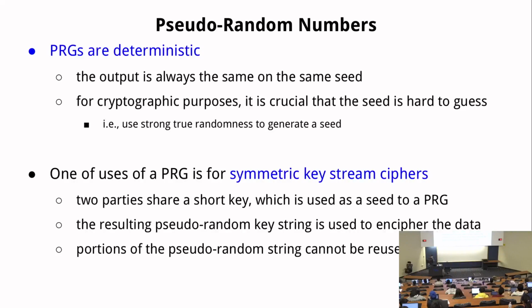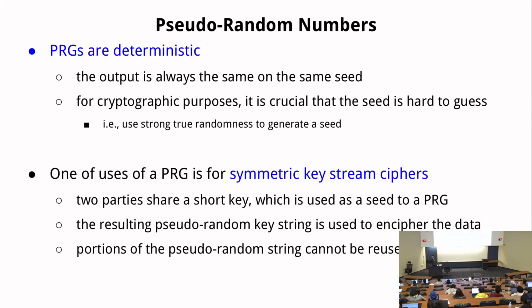Like the C library functions rand and srand, they generate random numbers based on the seed you give. If you always give the same seed, it always generates the same random numbers. It's deterministic. It's just that the period is very long, so for most cases, it's secure enough.